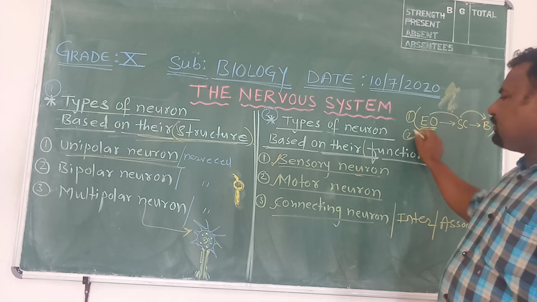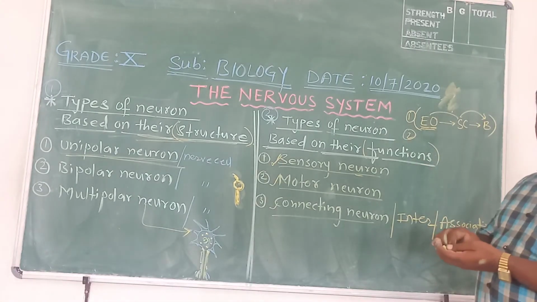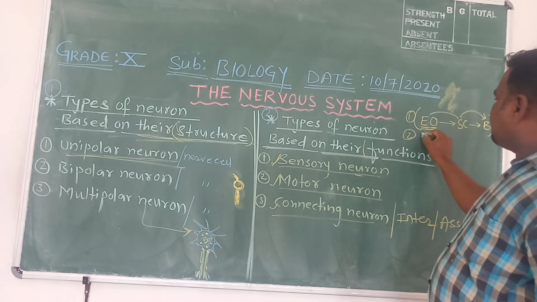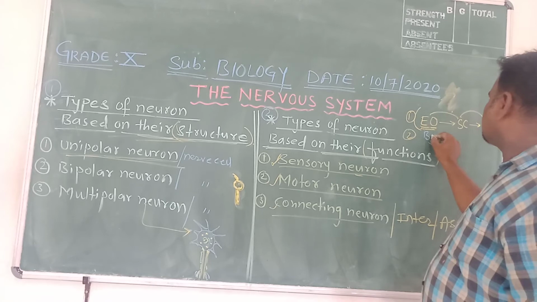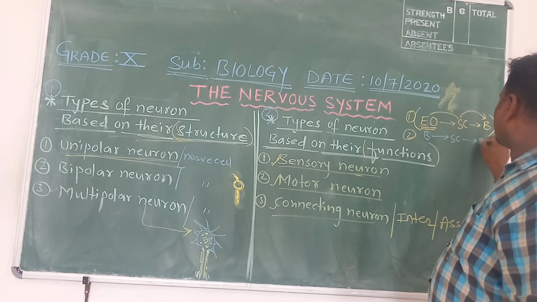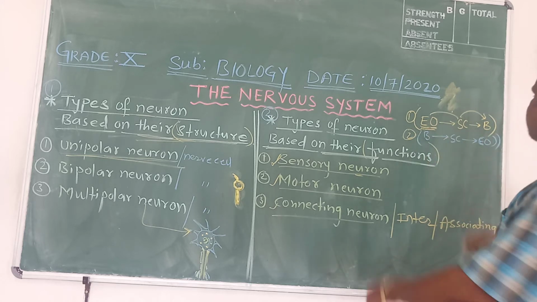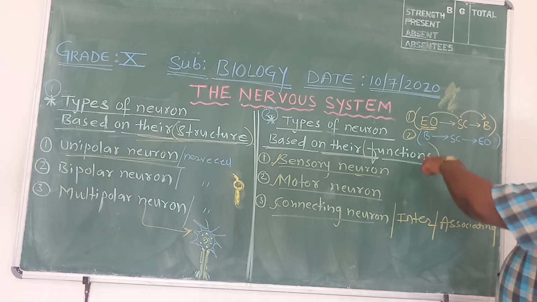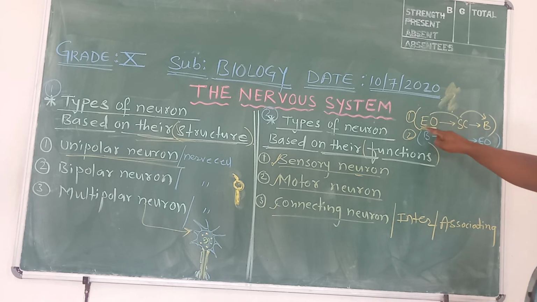The second type of neuron is the motor neuron. The motor neuron is quite opposite to this. It generates a nerve impulse back from the brain to the spinal cord, and from the spinal cord back to the effector organ. The sensory neuron sends the nerve impulse from the effector organ to the spinal cord and further to the brain.